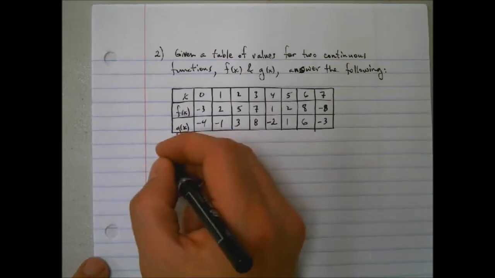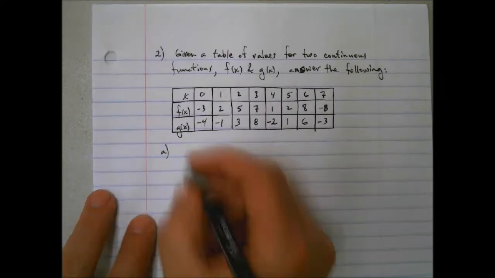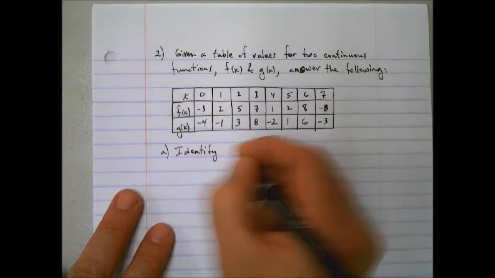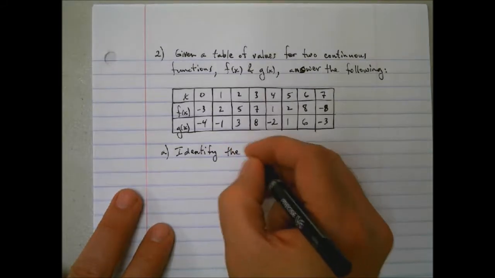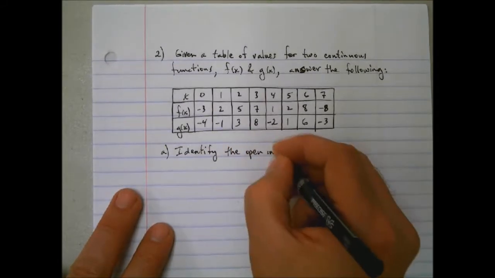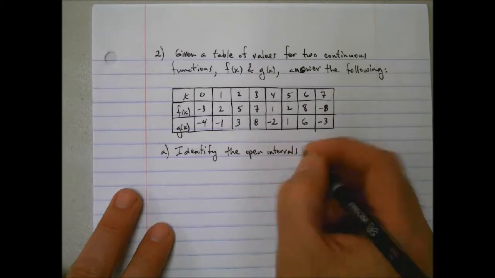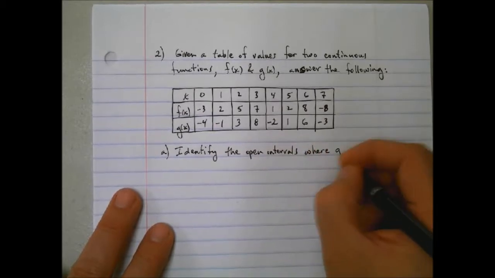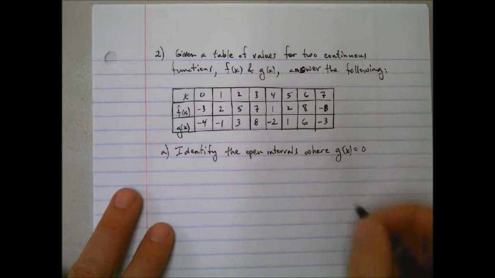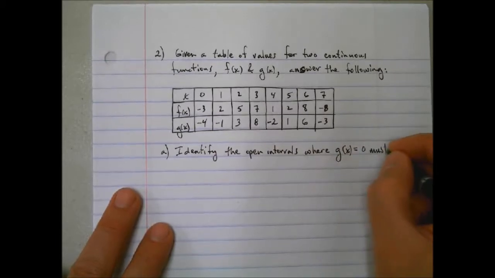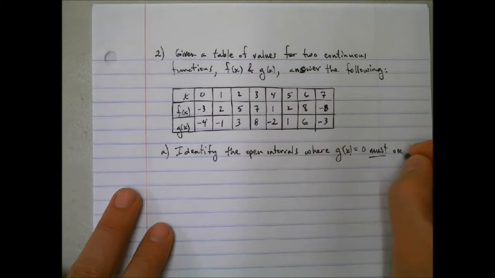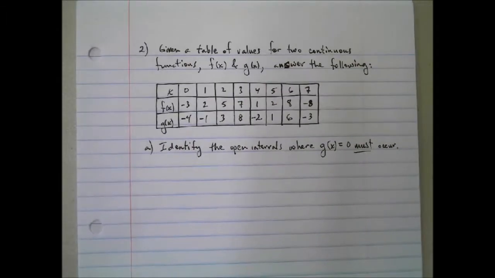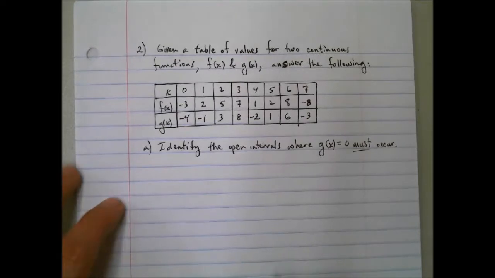Okay, so A, identify the open intervals where g of x equals 0 must occur. Okay, so not maybe, but must. There's going to be a number line there.